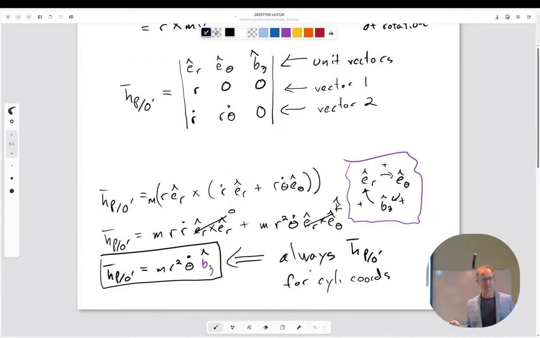We kind of just like mr squared theta dot is always a point mass moving in a cylindrical coordinate system. And that part's kind of cool. It's specific for this problem, but it's always the same definition. Like we could have looked it up somewhere and figured it out that way.